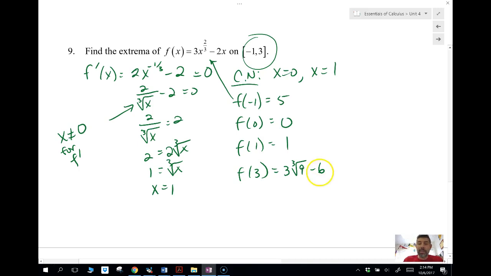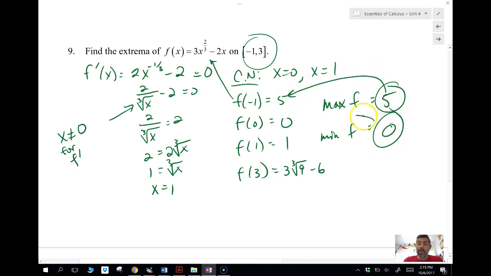Which actually is not going to be bigger than 5, but will be bigger than 1. So our max for f is going to be 5, and our min of f is going to be 0. Again, I'm taking the y values as my max and mins there.